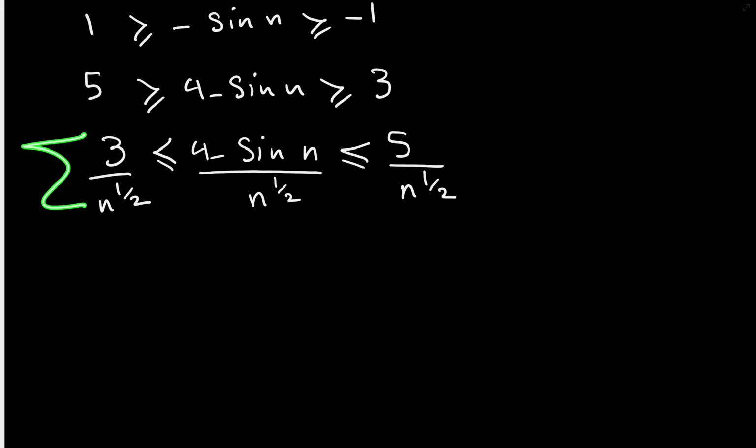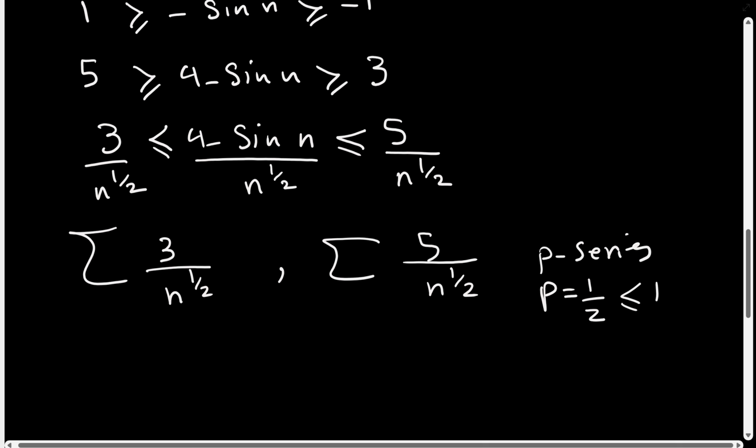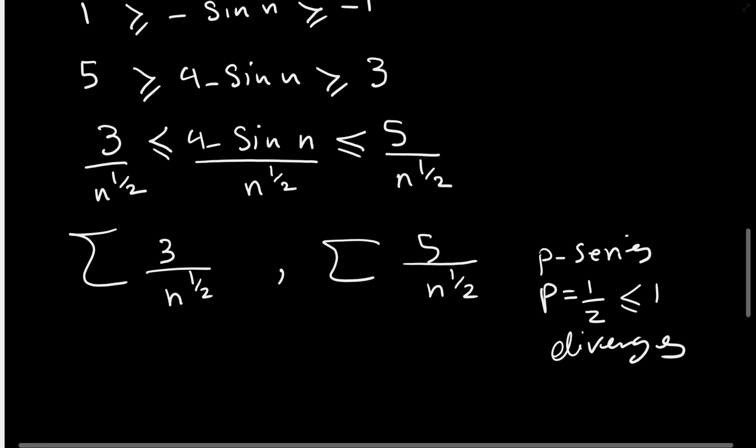If I have sigma 3 over n to power 1 half, or sigma 5 over n to power 1 half, what do we know about this? These are p series, and p here is 1 half, definitely less than 1, and in this case we know that the series diverge, right?